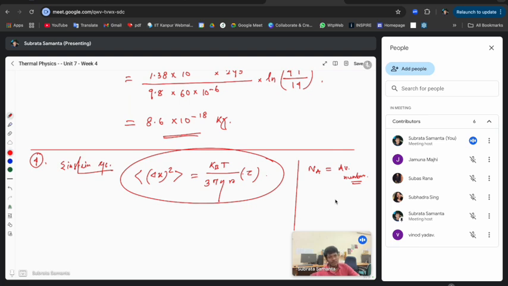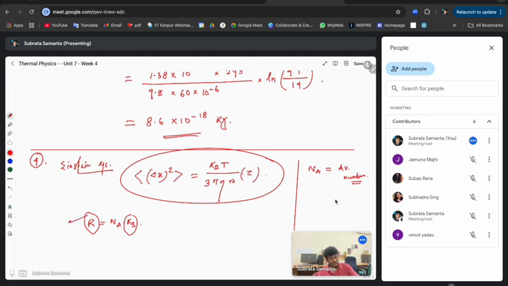So what is the universal gas constant? We know the universal gas constant R is basically Na times Kb, right? Kb is the Boltzmann constant. So you have to replace this Kb by the universal gas constant.